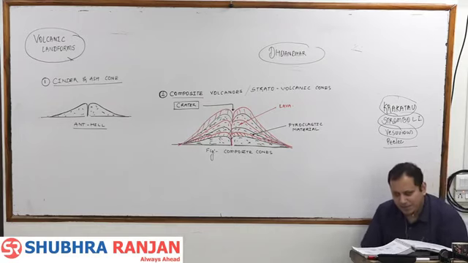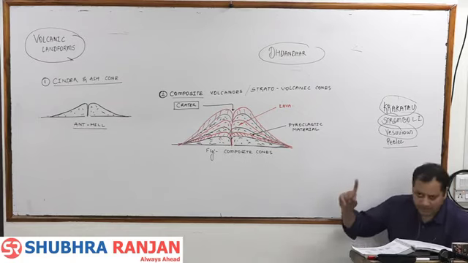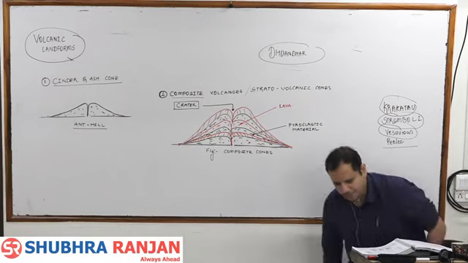Because सारे fold mountains are volcanic except Himalayas. Fine. So these सारे are examples of composite cones.